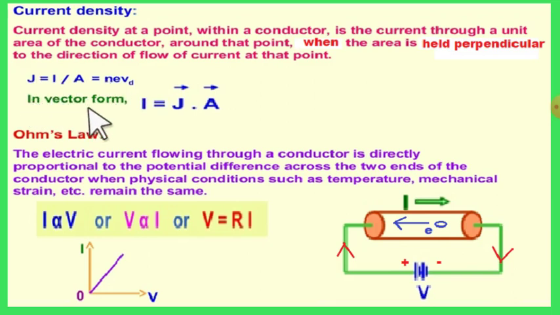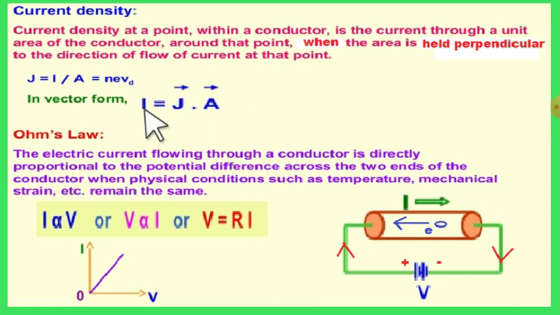In vector form, if you take the current I, in no doubt it is a scalar quantity, J dot A, you can take it as J vector dot A vector, I mean. So if you take the dot product of this current density and this area vector, then you will get the current.